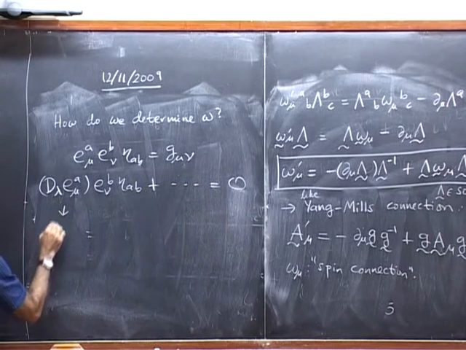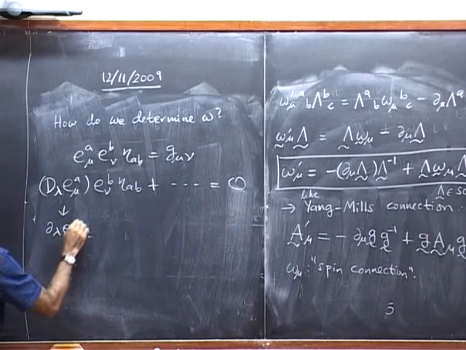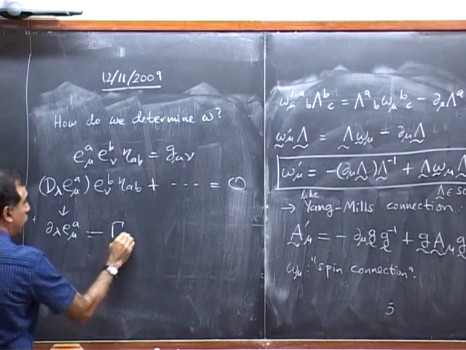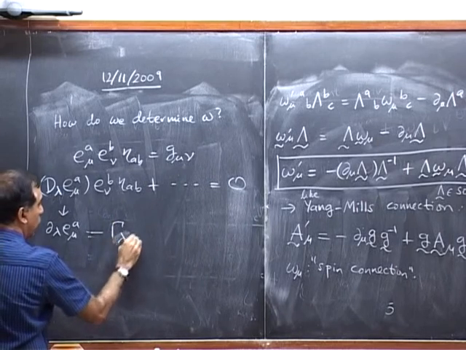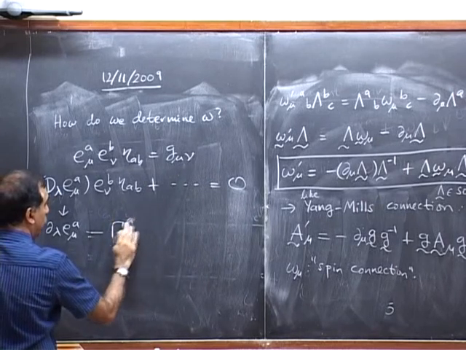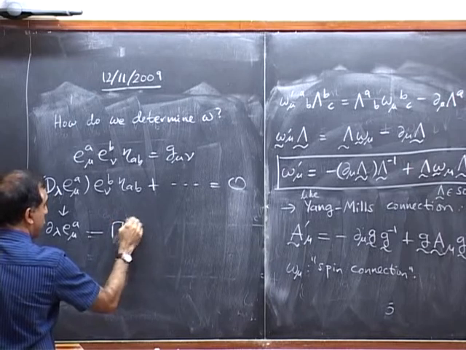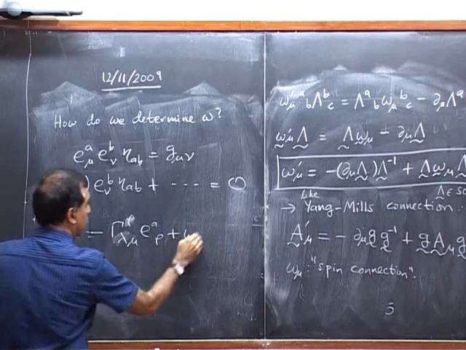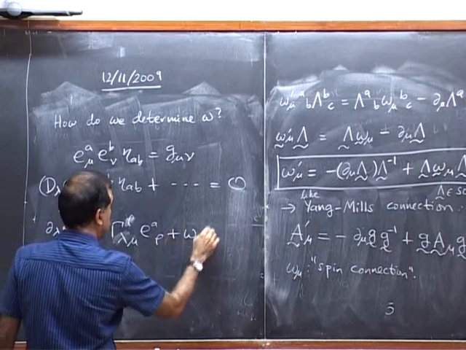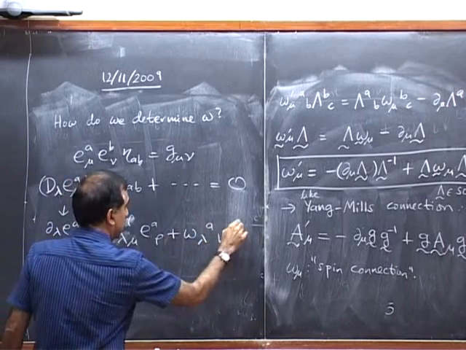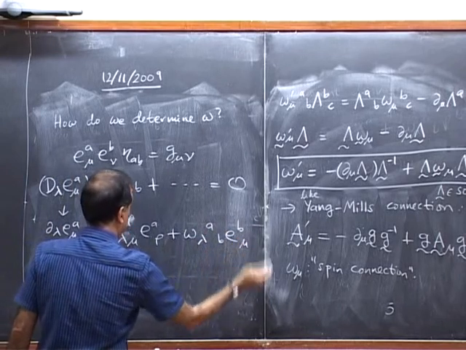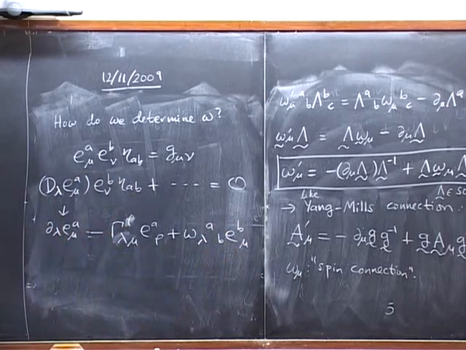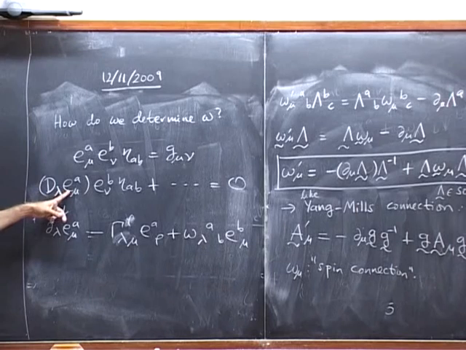Where the definition is, this is the ordinary derivative of this minus one term, because it's got a general coordinate index, plus one term because it has an LLT index. This is the covariant derivative of our orthonormal frame.